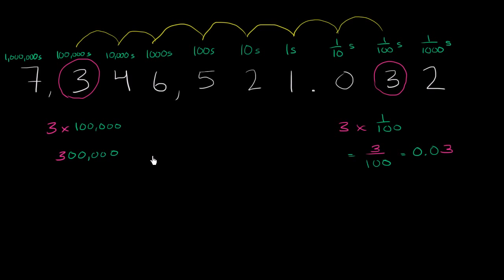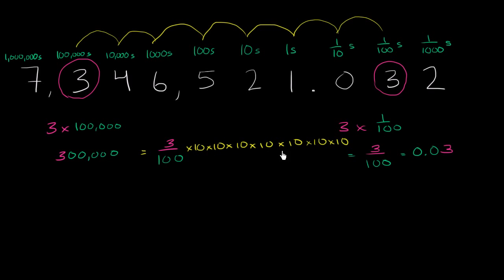Let me rewrite this. 300,000 should be equal to 3 over 100 multiplied by 10 7 times. So times 10 times 10 times 10 times 10 times 10.